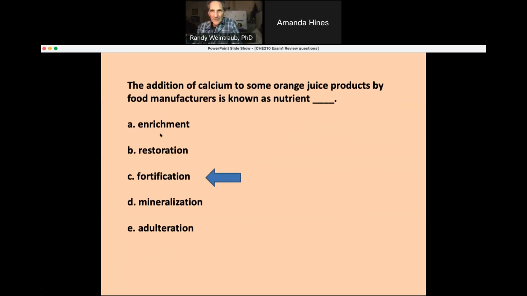Whereas enrich means it's there, but to bump it up a little bit, to enrich it, right? So it may have been lost in preparation if it's a prepared food, and it's replacing it or increasing it by a bit more.